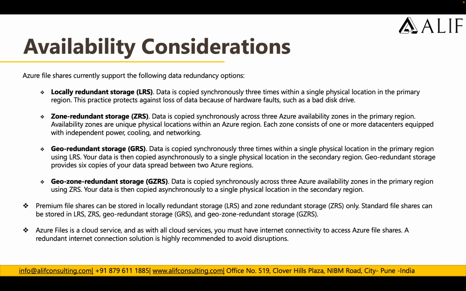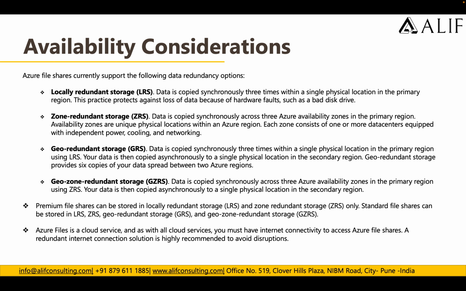Here are the availability considerations. We have four types of replication: LRS, ZRS, GRS, and GZRS. They each have their own advantage. With LRS, you have three copies in one data center, or one physical location, or a primary region.